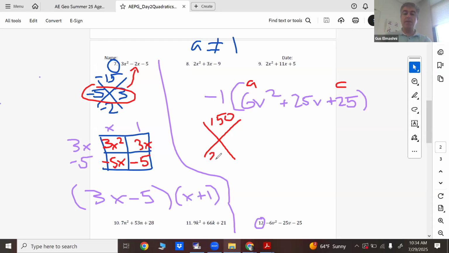By the way, if you need a calculator, it's totally okay. If you can't do 6 times 25 in your head, it's okay to use a 4-function or scientific calculator, totally fine. 6 times 25 is 150. Your B value is 25, right? Now, let's look at the pairs. What two numbers multiply to 150 and add up to 25?